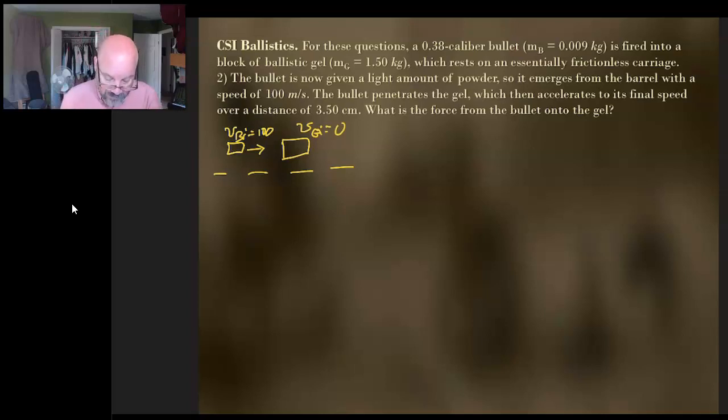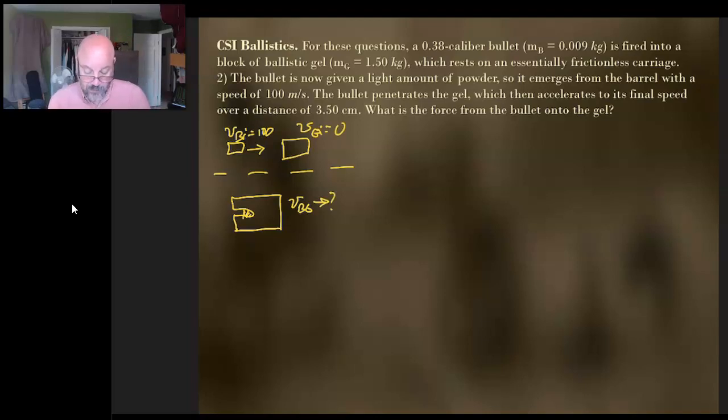So our afterwards system, we've got a sticky collision here with our bullet buried inside our gel there, and we have a combined bullet gel speed, and we don't know what that is.